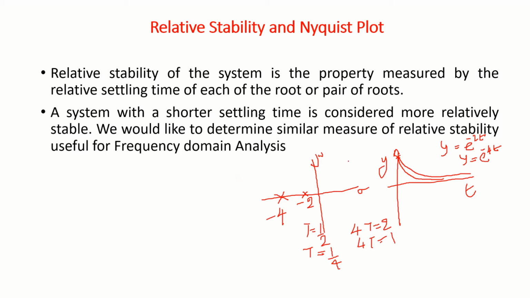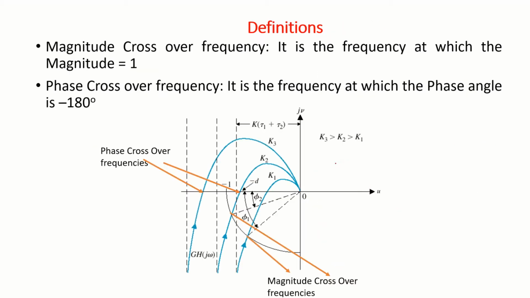What do we do here? This is the Nyquist plot, with real part of GH and imaginary part of GH. Don't worry, I have taken the plots from different sources; I have not drawn them on my own.